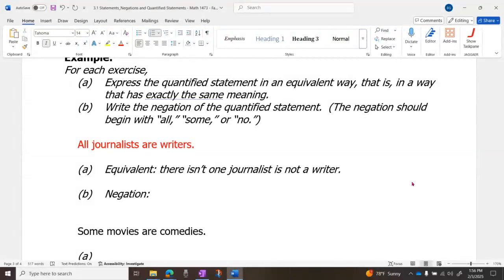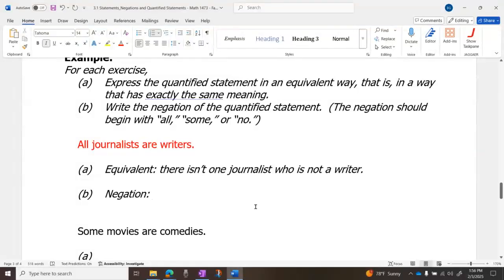The goal here is not determining true or false, it is to find a different way to say the same thing. All journalists are writers can be rewritten as there isn't one journalist who is not a writer. The grammar does not really matter. That's an equivalent way to describe it.